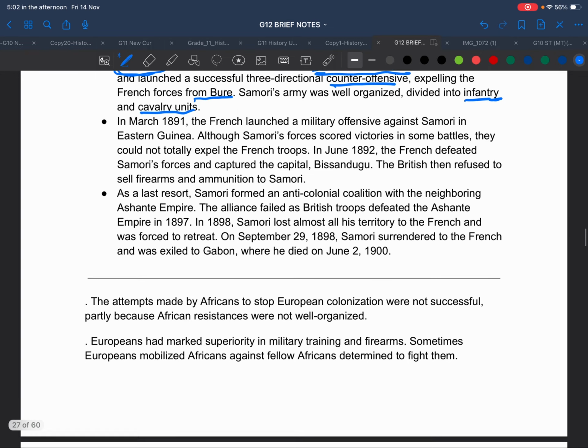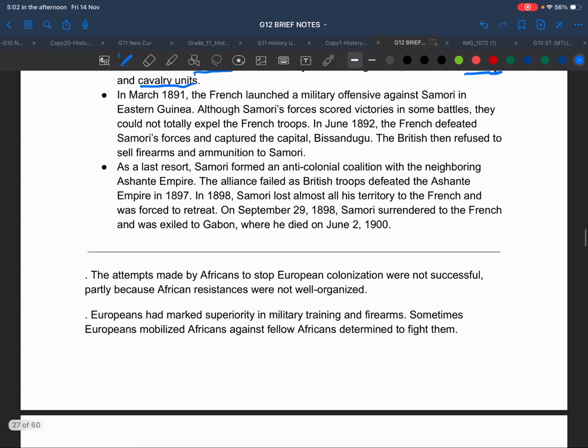In March 1891, the French launched a military offensive, almost the third phase, against Samori in eastern Guinea. Although Samori's force scored victories in some battles, in some battlefields, it was impossible for his force to totally expel or defeat and push back the French.